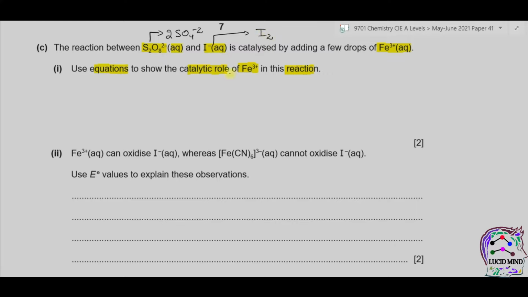Now we can write the equation with the help of this catalyst. First, this catalyst will react with iodide, and iodide will be oxidized to iodine, and iron plus 3 is reduced to iron plus 2.